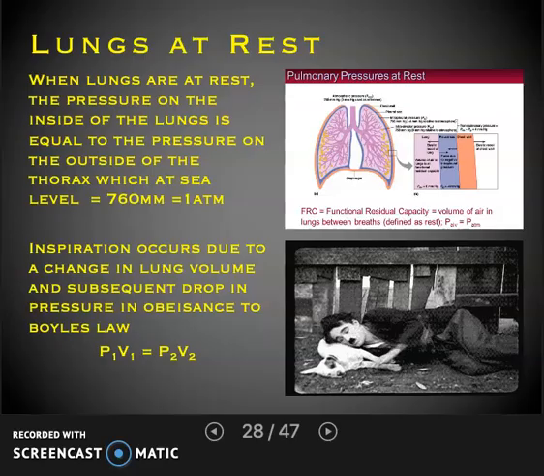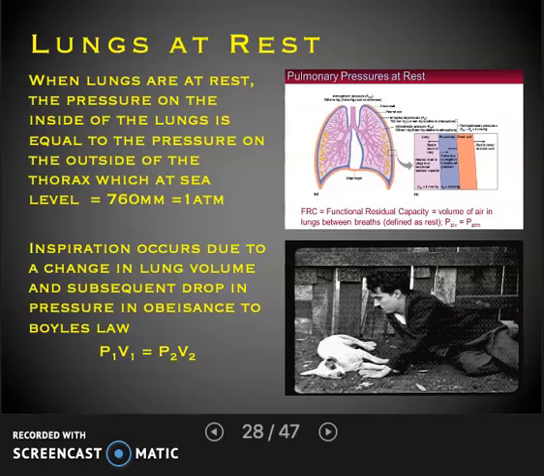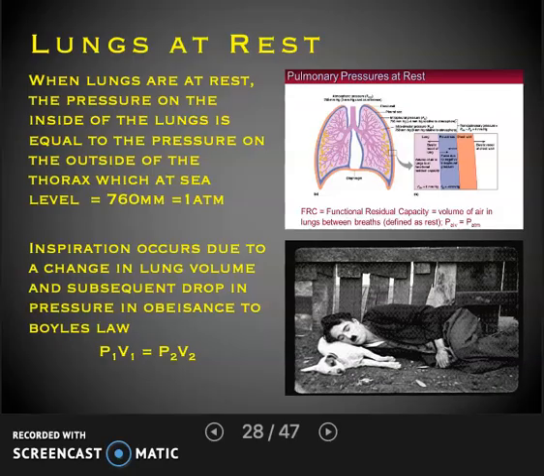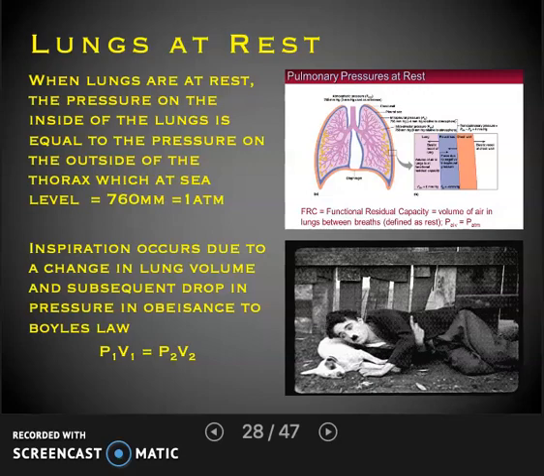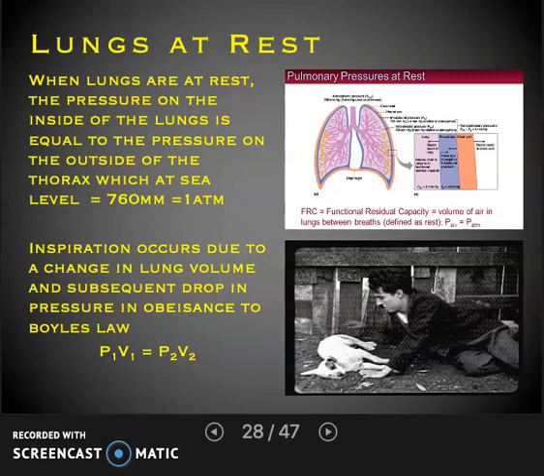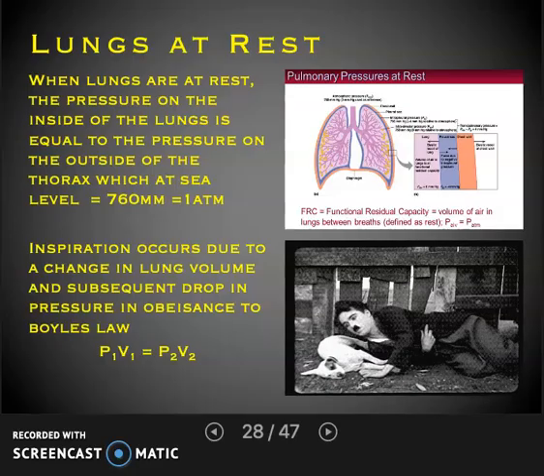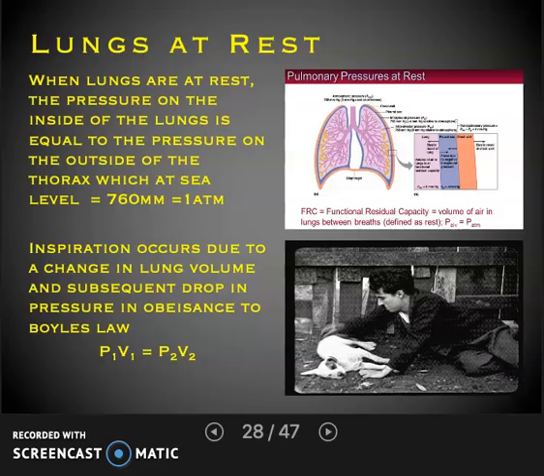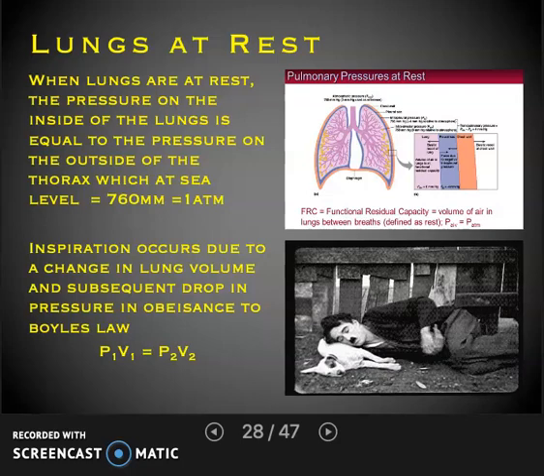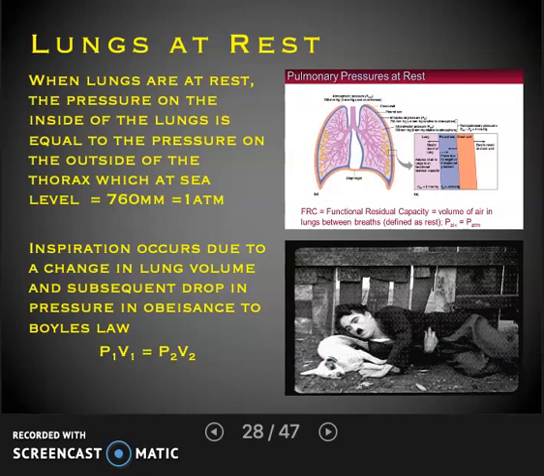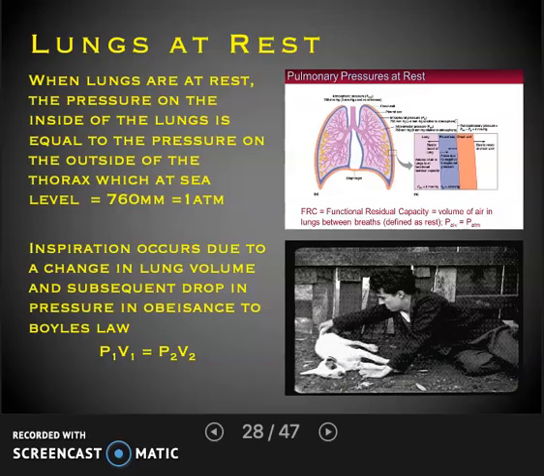And that functions in accordance with something called Boyle's law. We say it obeys Boyle's law. And Boyle's law is pretty simple. It says that the pressure and volume relationship in situation 1, P1V1, equals the pressure volume relationship in the second circumstance. What do I mean?